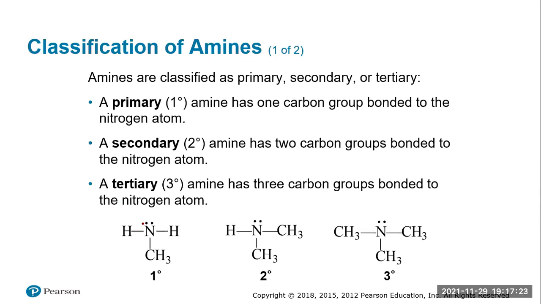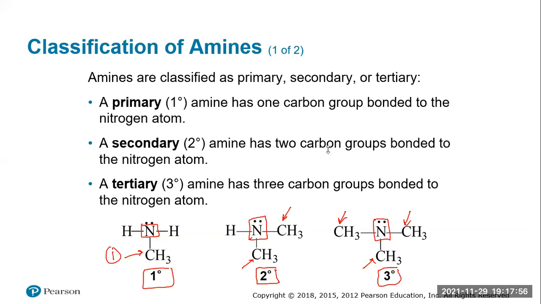And when we look at the nitrogen, it is attached directly to one carbon. One carbon then means that this is a primary amine. We look at the nitrogen here, it is attached to two carbons directly. That will give us a secondary amine. And if we look at this nitrogen here, it is attached to three carbons. So that is our tertiary amine.